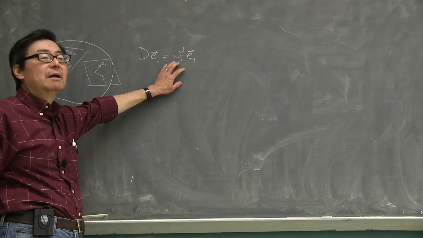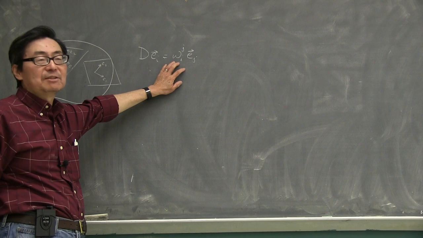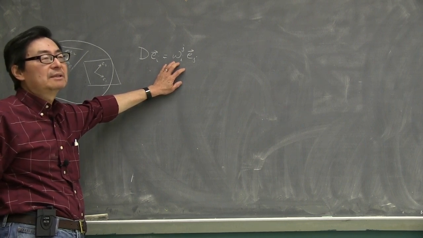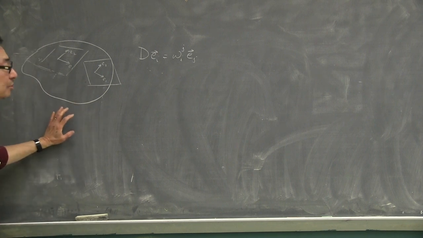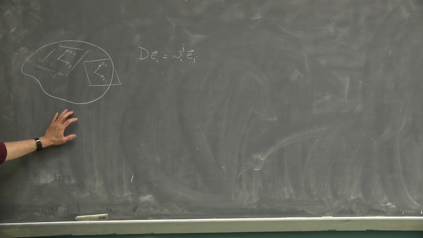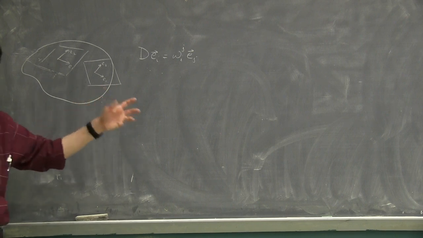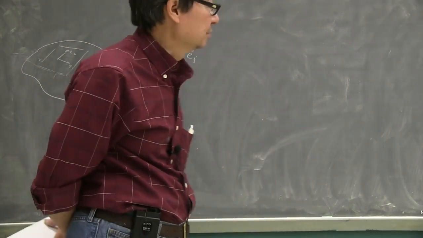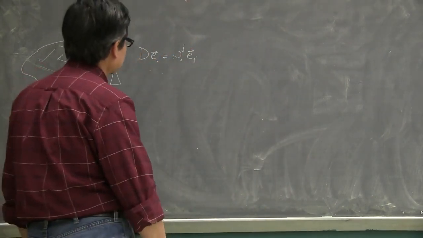So obviously there are many different kinds of picks, and that can still be called a connection. But normally in the tangent bundle, what we are used to is what's called a Levi-Civita connection. There's a very special pick, and I won't say explicitly what it is right now, except to say that this is the one which is compatible with the metric introduced, and also it satisfies another condition called a torsion-free condition and so on, but I don't want to elaborate on it now.